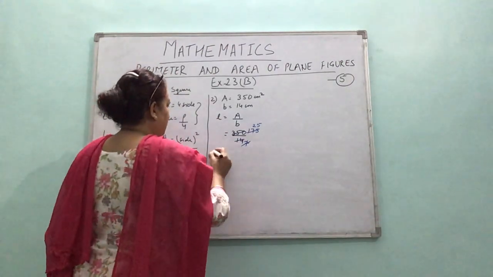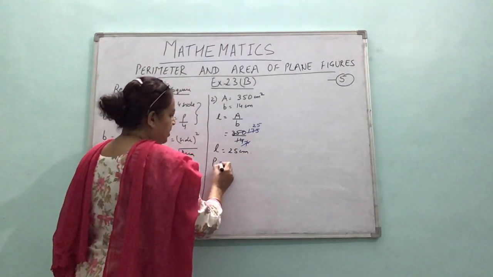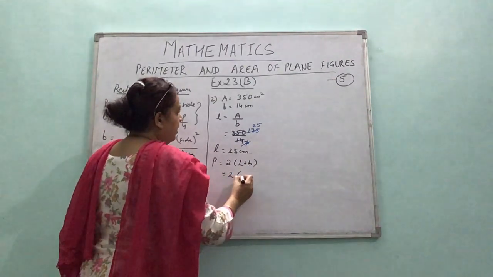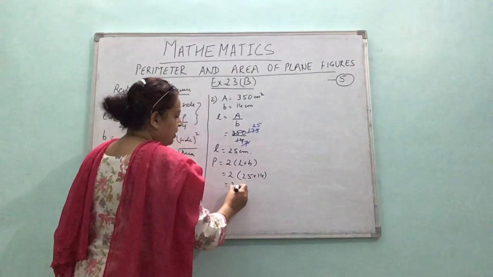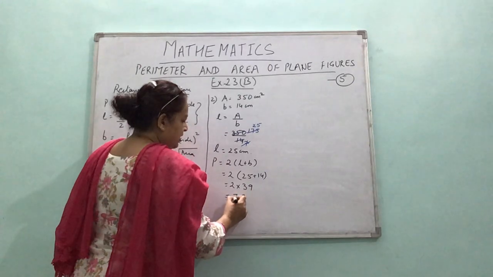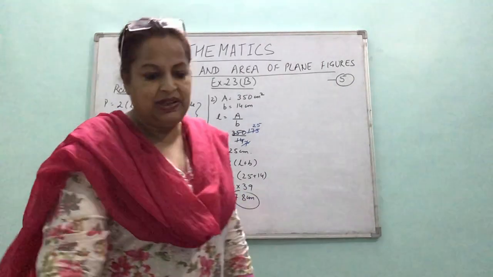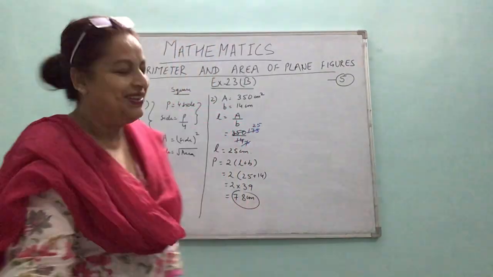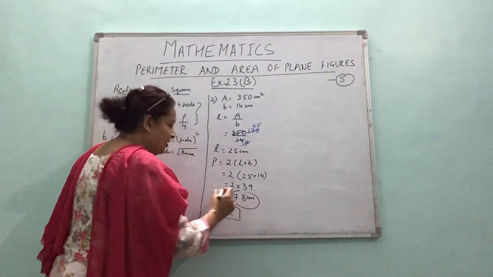Now once we know the length, 25 centimeter, we can easily find the perimeter using the formula 2 times of length plus breadth. Length is 25 and breadth is 14. So 2 times of 39, which is 78 centimeter. So perimeter is 78 centimeter. So which option is correct option? The C option is the correct option, right? So what is the correct option? Option C is the correct option.